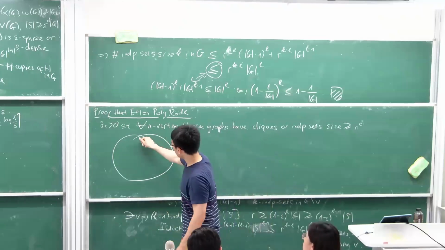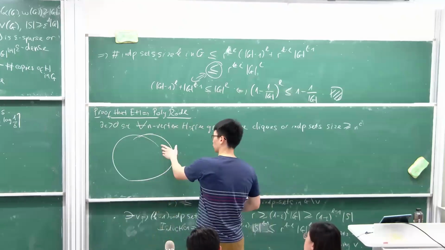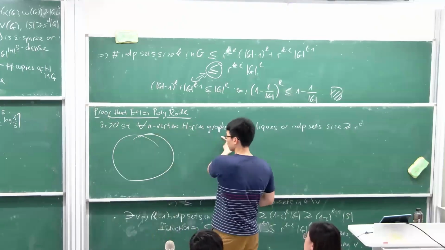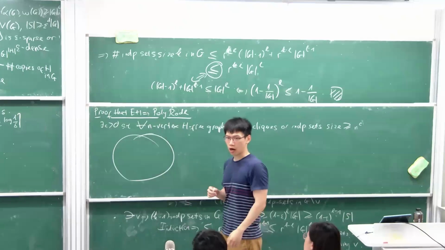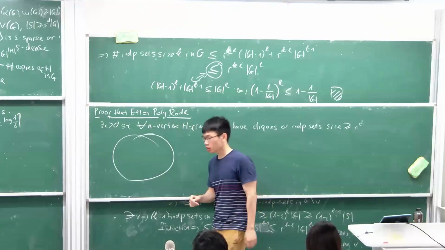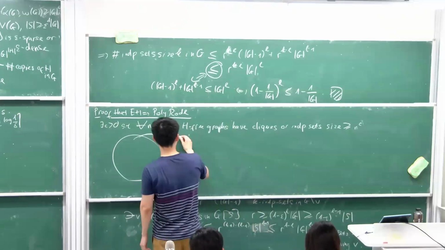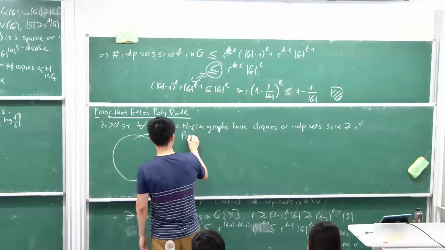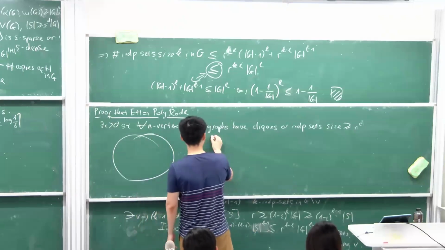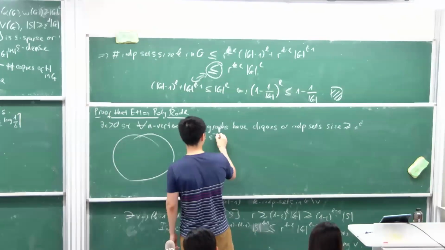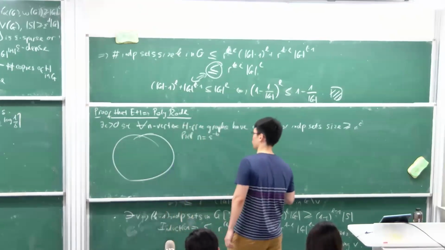So the plan here is to apply this statement with n being some decently large power of epsilon inverse. So you pick epsilon, and you pick n to be epsilon raised to the power of minus b for some b.